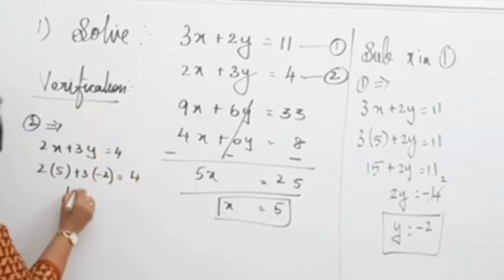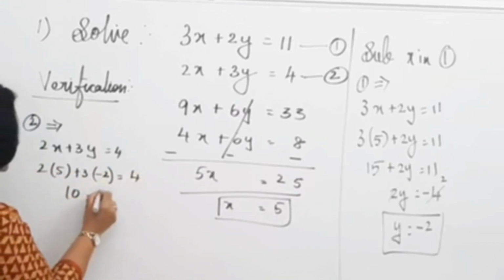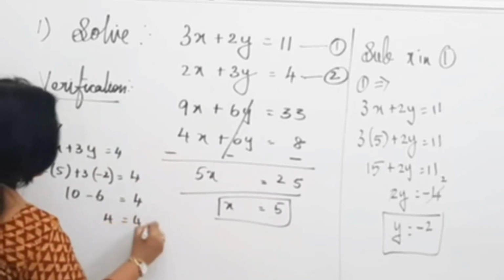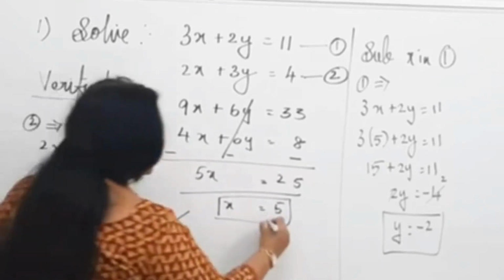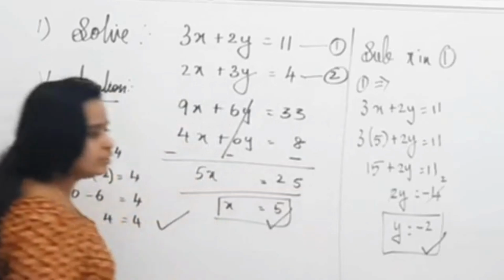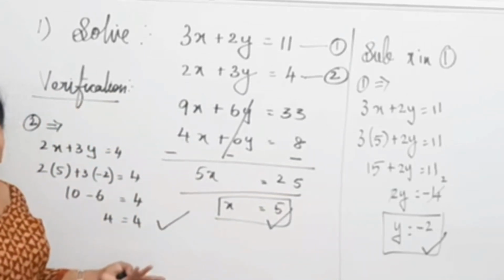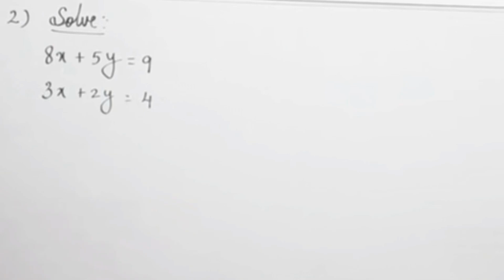So 2 fives are 10, 3 into minus 2 is minus 6, which must give 4. That is 4 is equal to 4. So my values are correct. Hence verified. So I got my solution x and y. As simple as that.